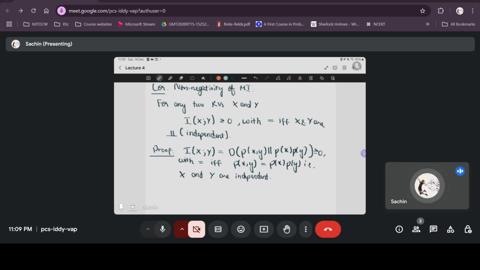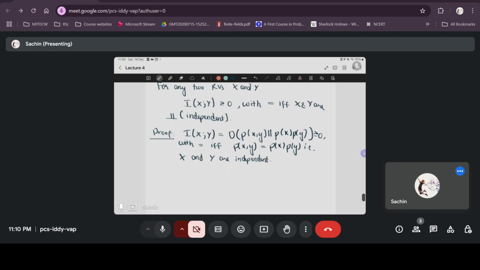So there's one small point that Thomas and Cover doesn't go into. I don't know if John Massey's notes go into it, but one of my professors, when he was teaching, pointed out that when we write p(x,y) relative to p(x)p(y), we should first be sure that p(x)p(y) is actually a probability distribution in the first place.